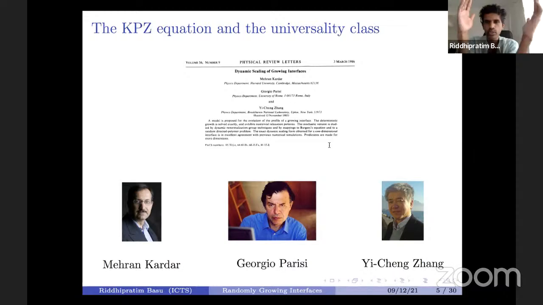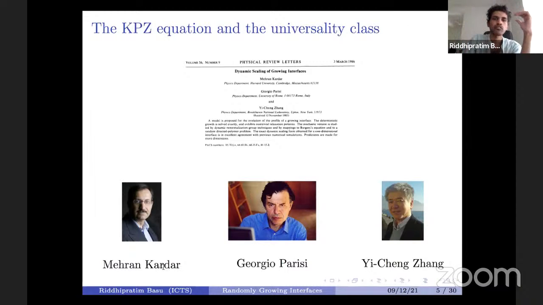In some sense, although there are studies of these kinds of models going back to the 60s, the main act of the story starts in 1986, where these three physicists, Kardar, Parisi, and Zhang, came up with a way to predict the large-scale behavior of this class of models.